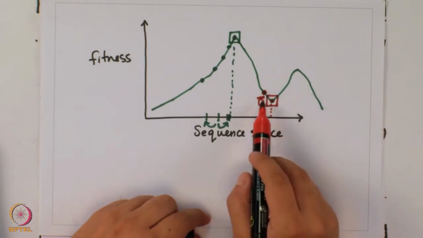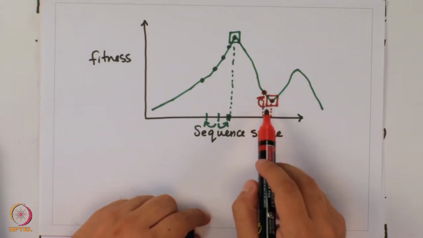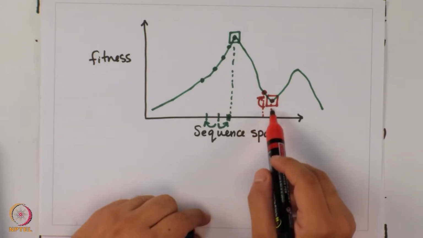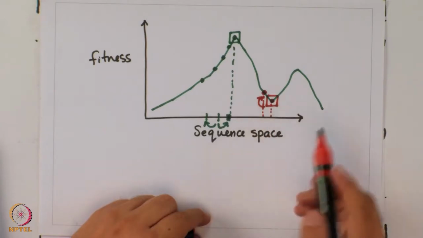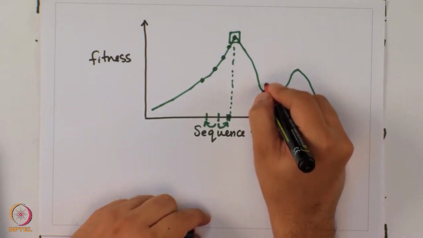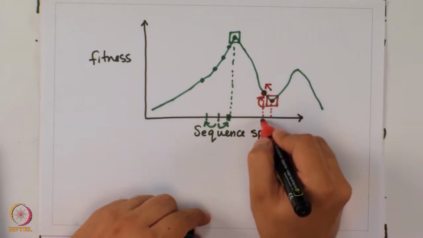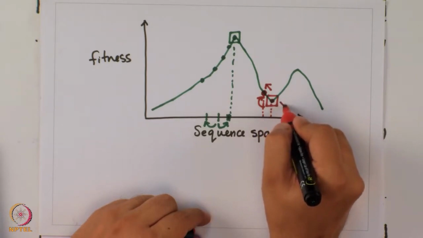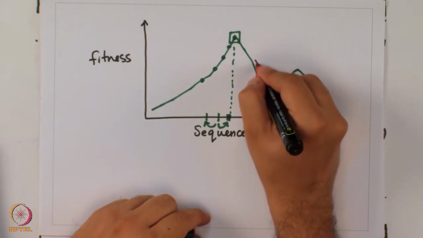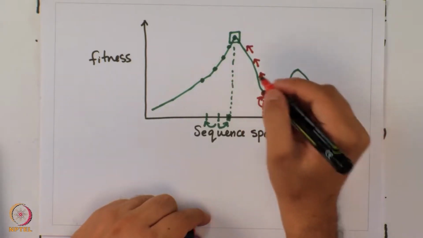And this particular individual belonging to this genotype then via selection eliminates the other individuals in the population which are at a lower fitness and corresponding to this particular sequence. And hence the entire population moves up the hill and you have a greater number of individuals belonging to this particular genome, and this gets eliminated via selection. And the same story keeps repeating itself, and eventually the population reaches the peak of the fitness landscape.